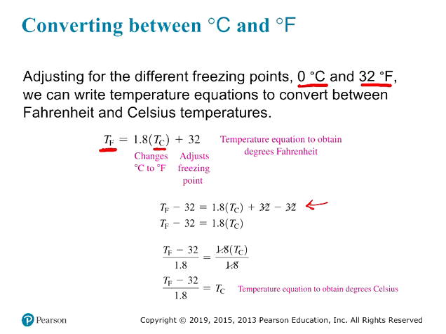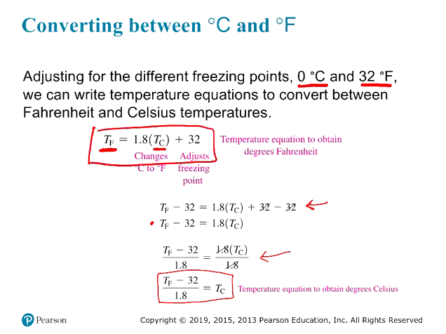And we end up with the temperature in Fahrenheit minus 32 is equal to 1.8 times the temperature in Celsius. So then the next step is to divide both sides by 1.8. And then we end up with this equation, where the temperature in Fahrenheit minus 32 all divided by 1.8 is equal to the temperature in Celsius. So these two equations are what we'll use to convert between Fahrenheit and Celsius, depending on which one we're trying to get to.